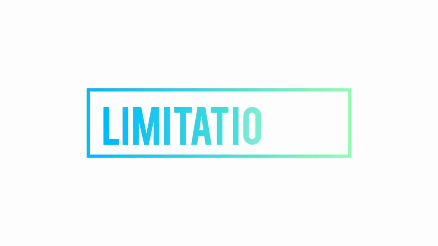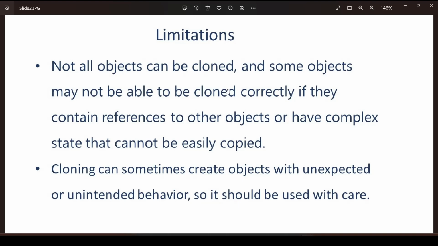Okay, what could be the limitations of this pattern? As you have seen, not all objects can be cloned, because they might have some complex structures or complex behavior, and some objects may not be cloned correctly if they have references to other objects, and those other objects might not be in our hands, like we cannot go and directly implement the Cloneable interface there, or if they have a complex state.